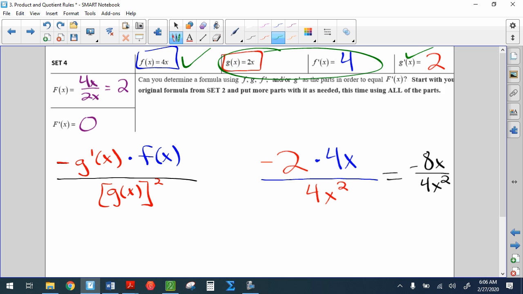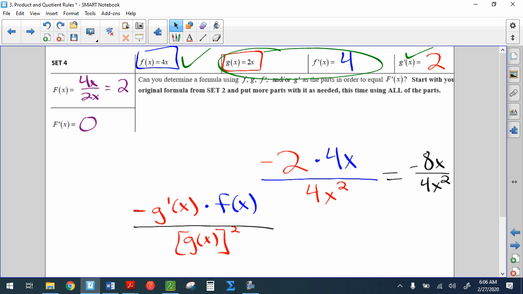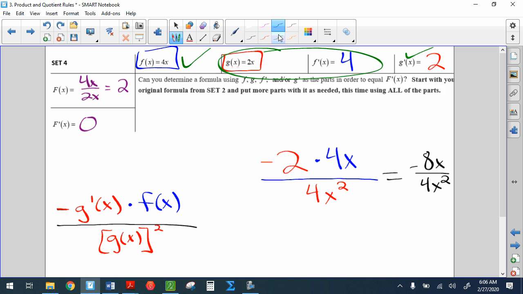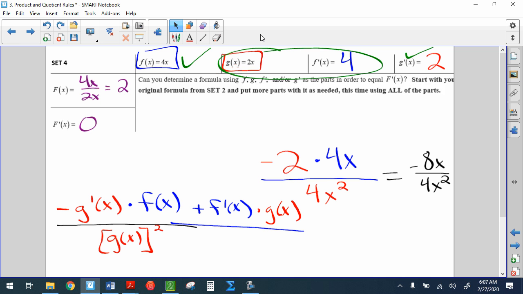What if I use f prime and g? So if I take my expression here and I add to it f prime times g, then I'll have negative 8x plus 8x, which is 0, which is what I wanted.